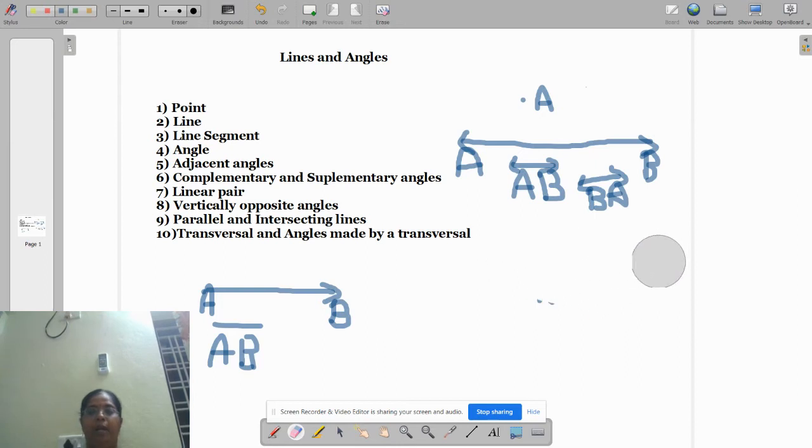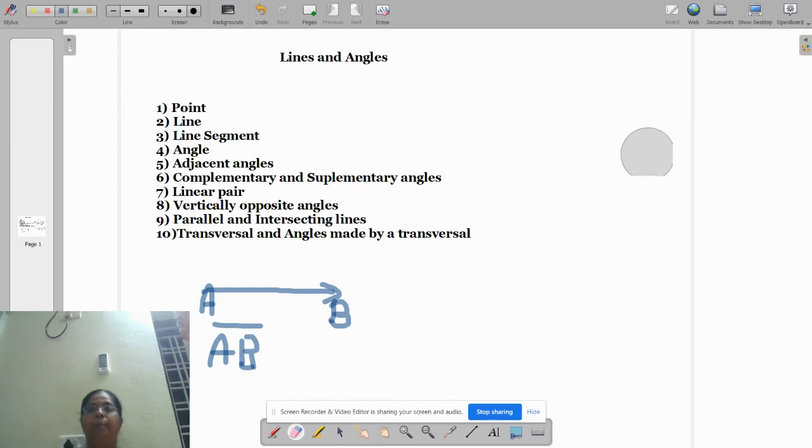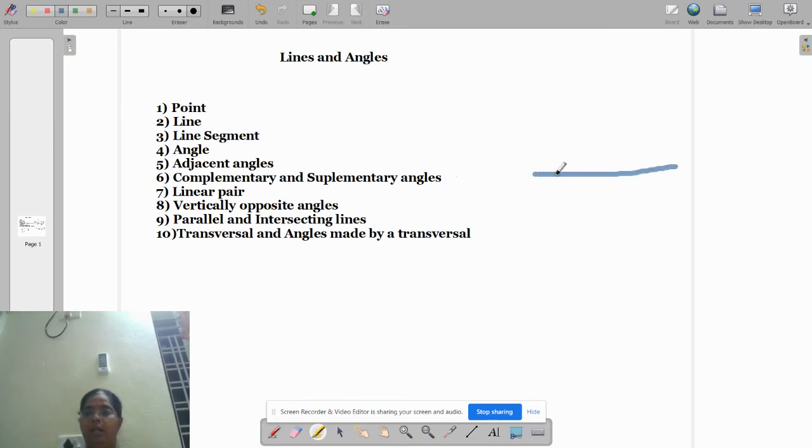Next, coming to an angle. When two rays meet at a point, an angle is formed.